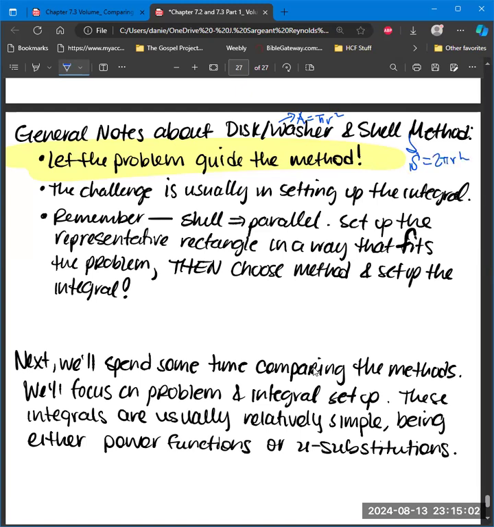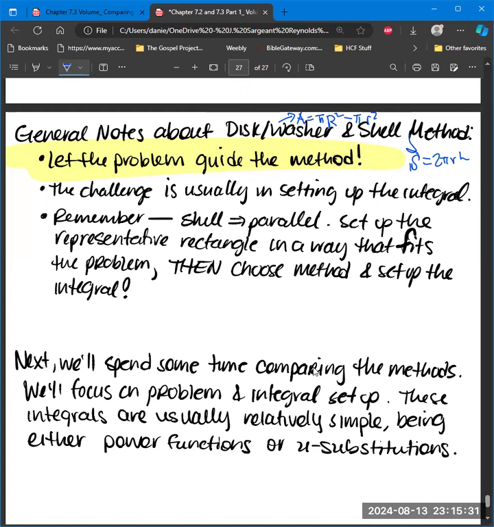So you're going to have more variables in your shell method, and you're going to have a multiplier of 2 pi, but you're not going to have anything squared in your shell method. You're going to have one function that's squared for your disk. For your washer, you may have big R squared minus little r squared, like that.